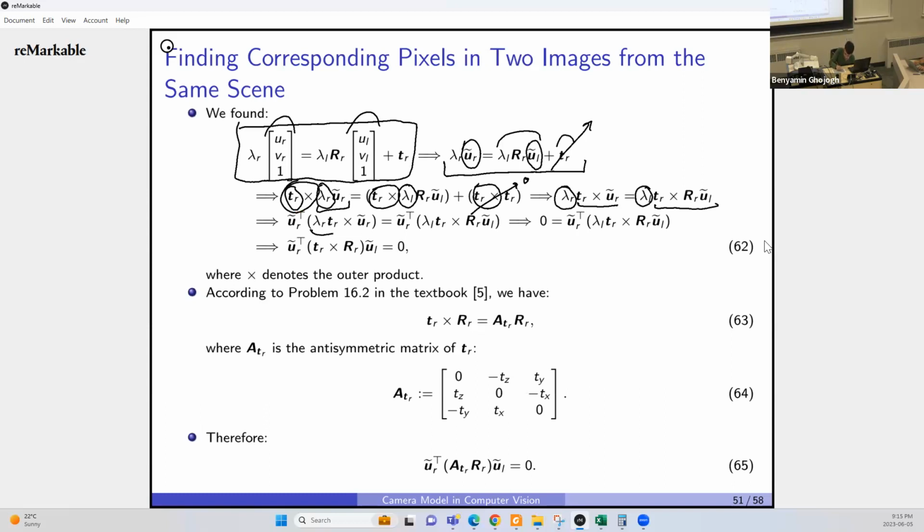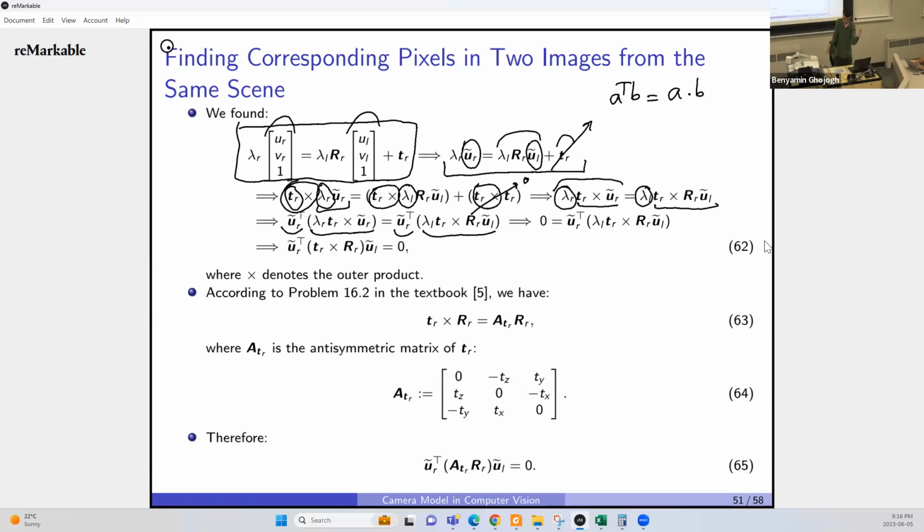UR transpose this term means the inner product of UR and that term, because A transpose B is the inner product of A and B. So UR transpose this, I also have UR transpose this. Why am I doing this? Because here, what is TR outer product UR tilde?